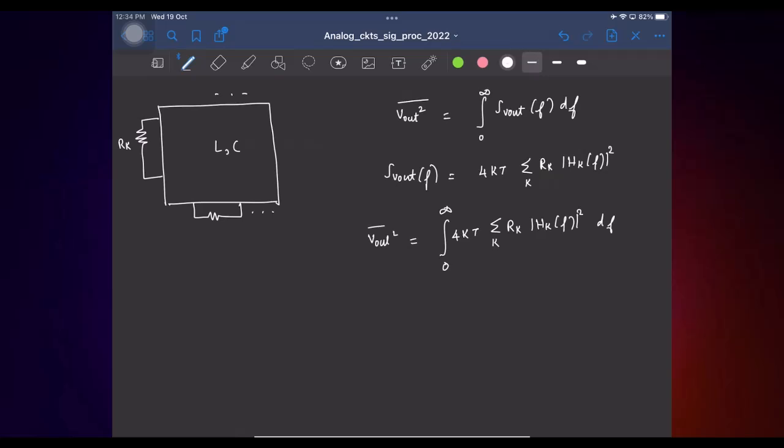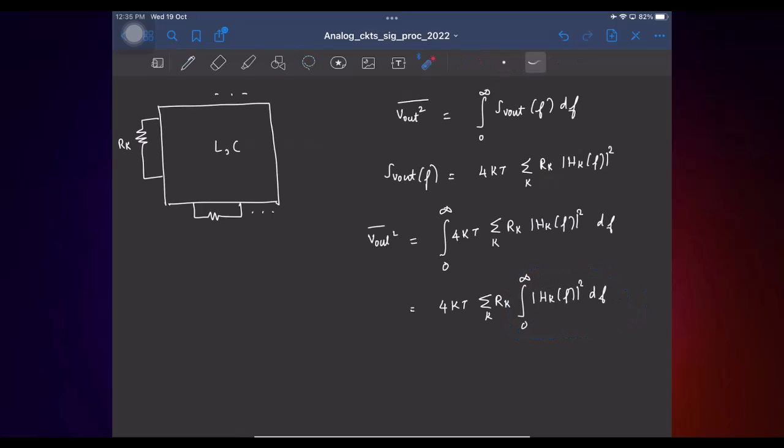Yeah, that's the usual thing. So I'll take 4kT, I'll take summation over k, integral 0 to infinity. Okay, let me actually pull R_k also out. Okay, cool.